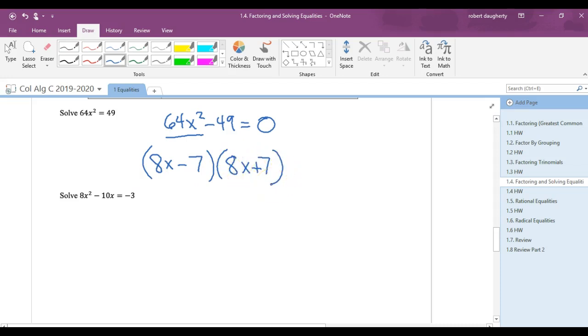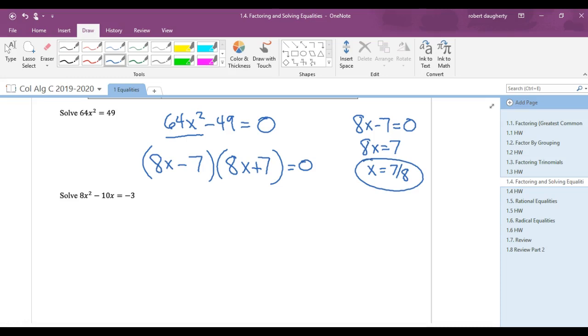That would have been the answer on this quiz, but I've got an equal 0 here. So that means I have to set each factor equal to 0. So if 8x minus 7 equals 0, that means that 8x equals 7. So x is equal to what? 7/8.